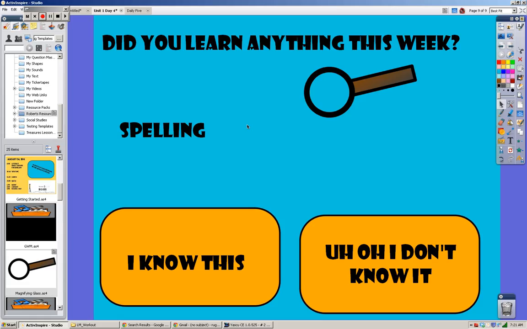We have been talking about short vowel sounds, the A, E, I, O, U sounds and the short sounds that they have. So if you've studied your spelling words this week, those 15 words, you're going to do just fine. If you haven't studied them, well, you may have some trouble. So hopefully you studied. I studied my spelling words, so I'm putting it in the box.